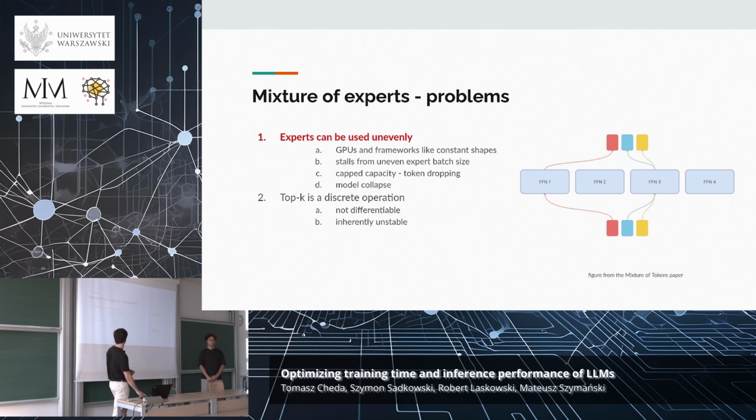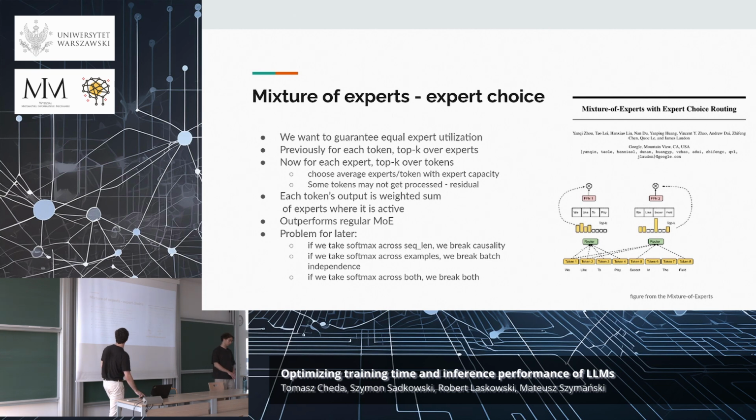Let's focus on the first problem, the uneven expert utilization. There is a pre-existing version of mixture of experts which tackles this. We want to guarantee that each expert gets the same number of tokens. It gets used with the same frequency. Previously, we computed the affinities, and for each token, we sent it to the top experts for that token.